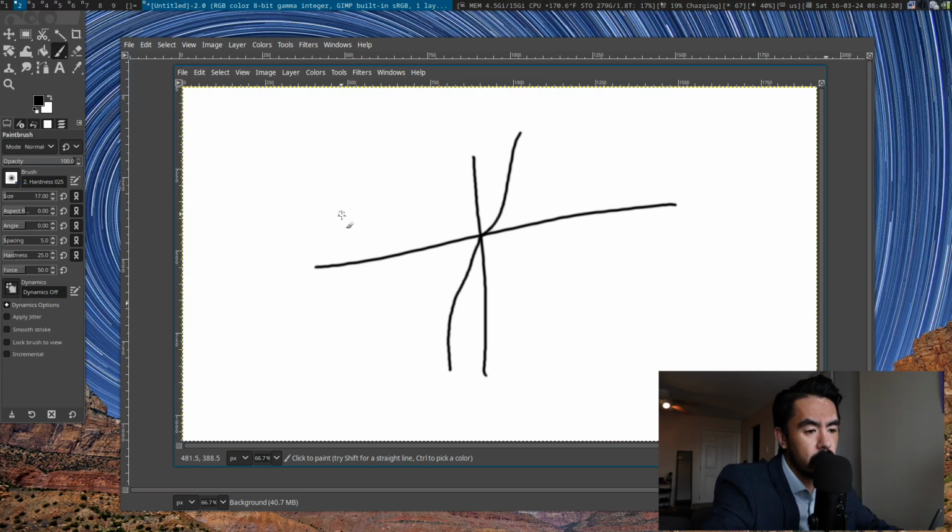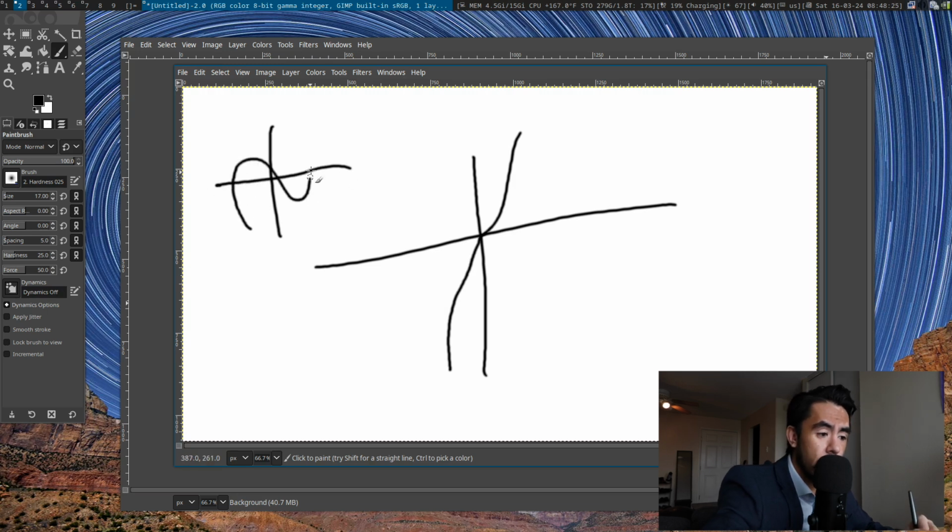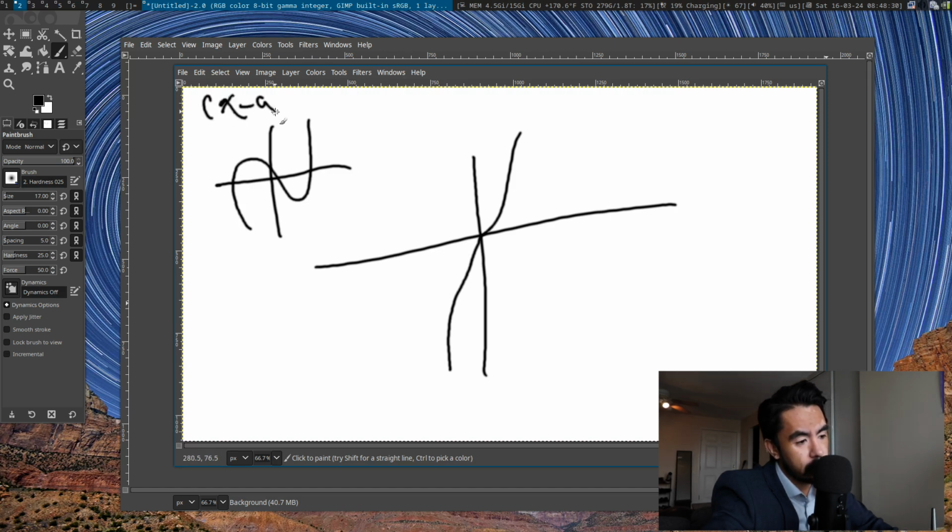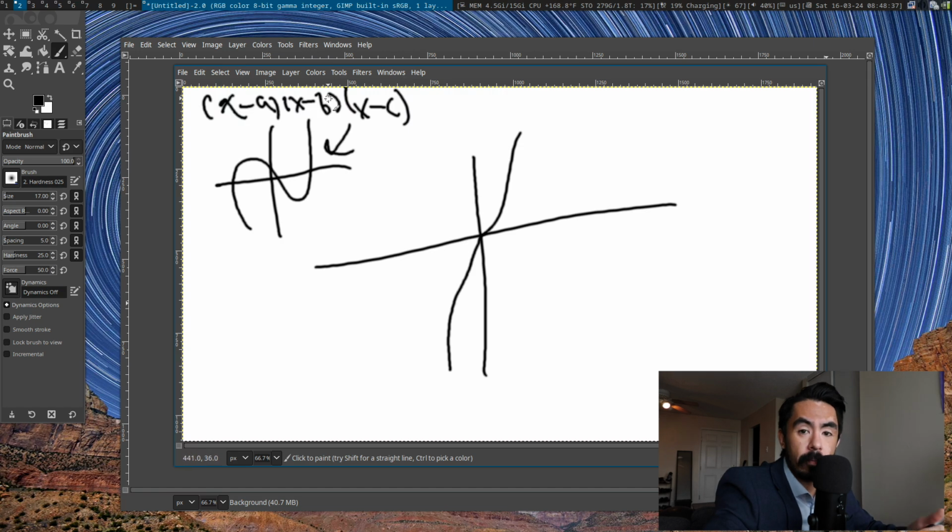You could have a cubic that crosses 3 times, of course, and you have 3 real roots, and it's the same reasoning: x minus a, x minus b, x minus c, easy factorization of the case where the cubic blatantly crosses the x-axis 3 times.